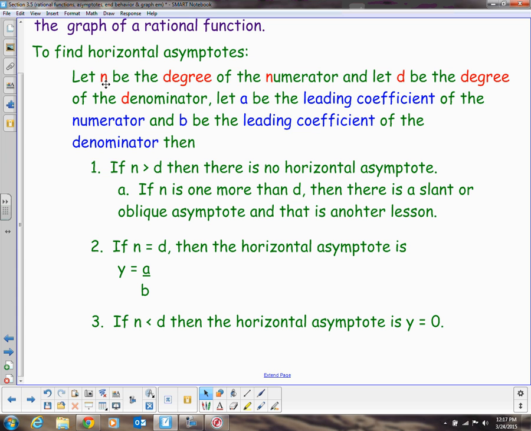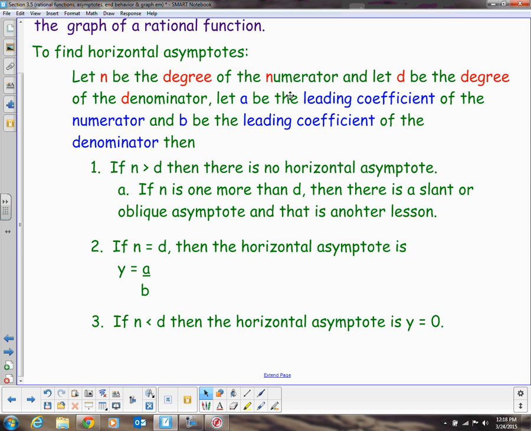Because numerator begins with n. And let d be the degree of the denominator. I have no clue how the book did this, but I think that when you let n be numerator, d be denominator, it's a lot easier to keep track of.